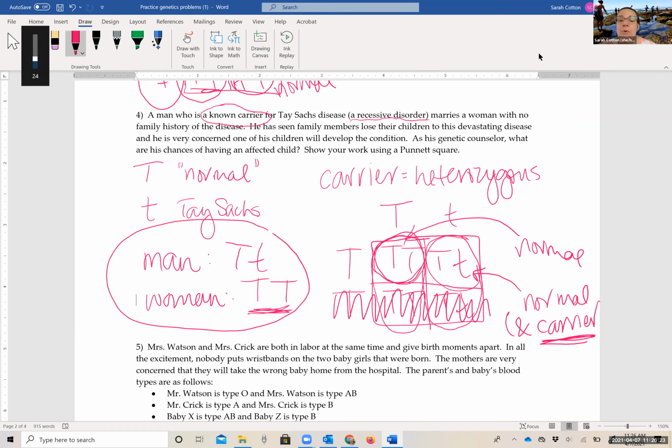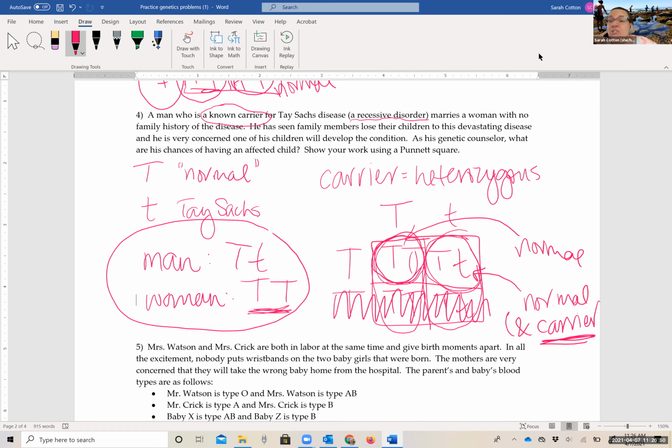Okay. So perhaps as the genetic counselor, you would say to him, good news, right? You picked a lady that since she has no family history, the two of you will not have any kids that have Tay-Sachs. However, you do want to make sure that your kids know that there is a 50-50 chance that they are carriers.